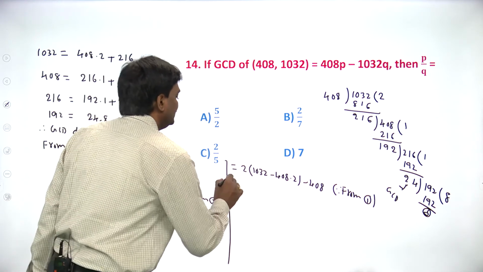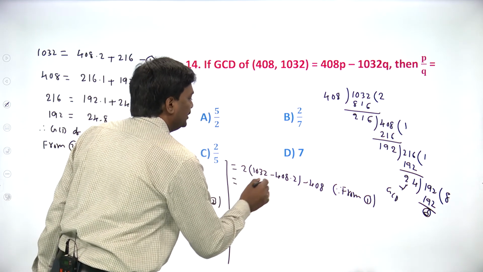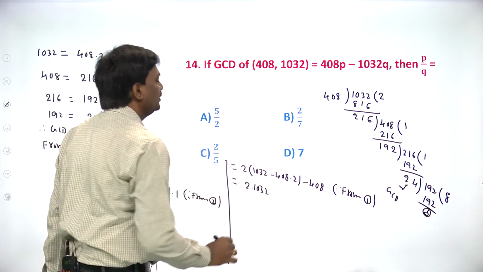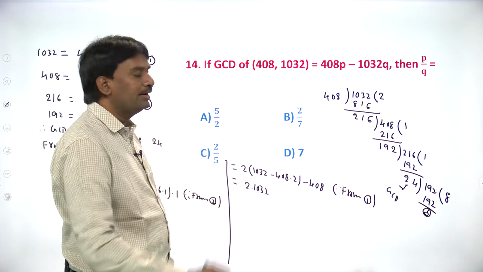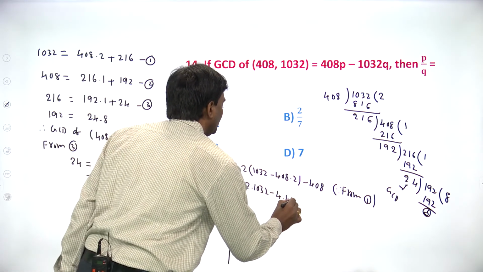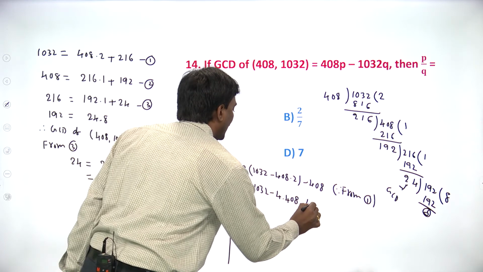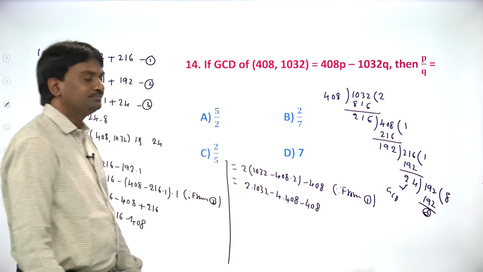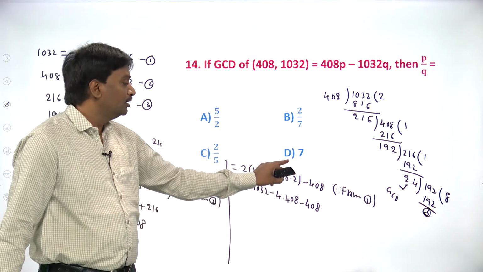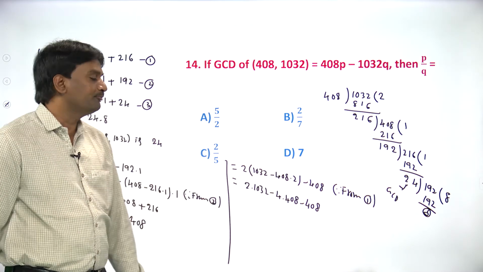Now, by simplifying this, you will get 2 into 1032 minus 2 into 408 into 2. So 2 2 is 4, into 408, minus 408.